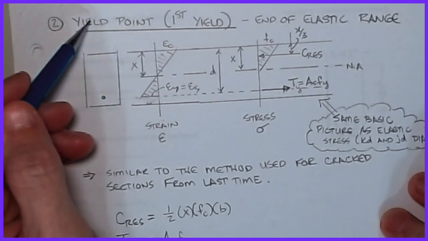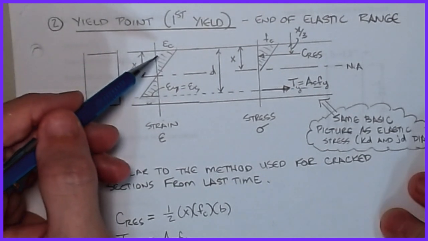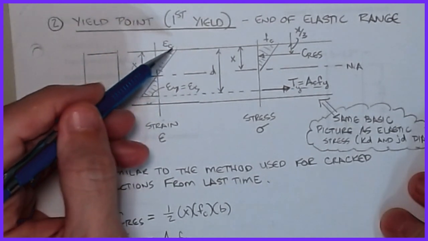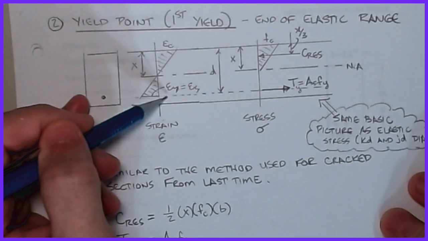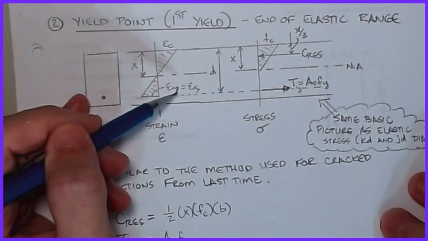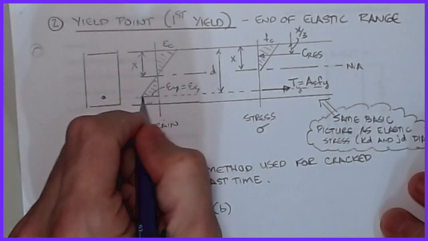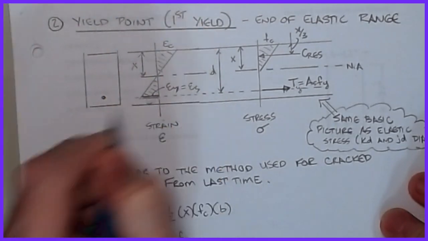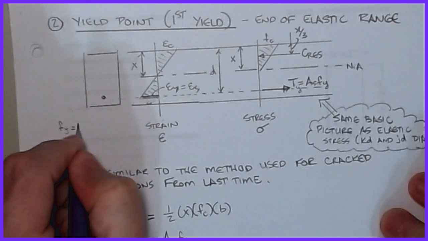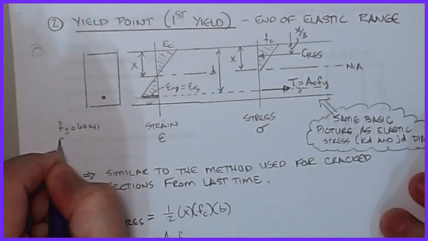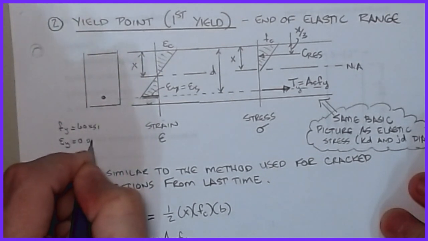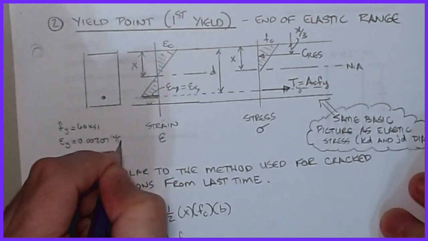But our yield point is defined as the time at which I have some strain in concrete that corresponds to the strain in the steel equaling the yield strain. So this becomes my epsilon y. Remember that if Fy equals 60 ksi, our epsilon y is equal to 0.00207 inches per inch.